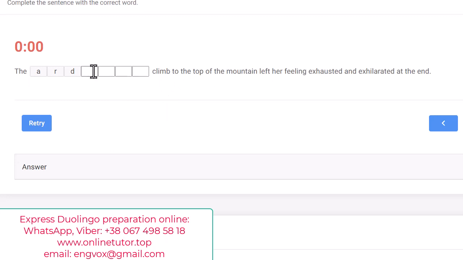Okay, in this case we have only one logical thing here, meaning an adjective. There's some kind of climb to the top of the mountain left her feeling exhausted, you see? And now, our second stage, we have to recollect a beautiful, interesting adjective to this position. And I remember this, it's arduous.